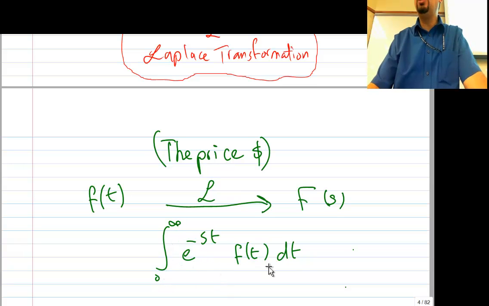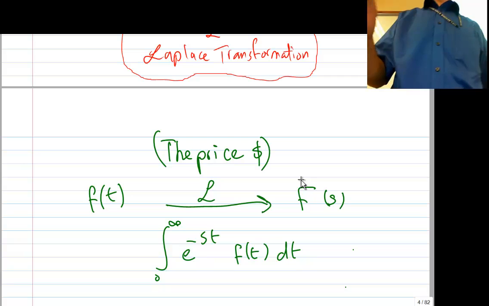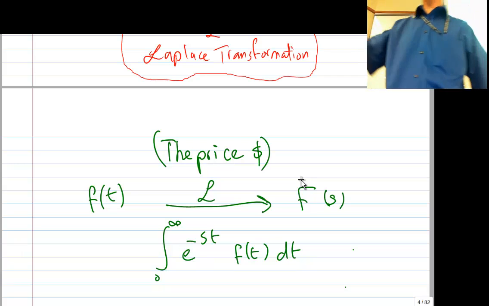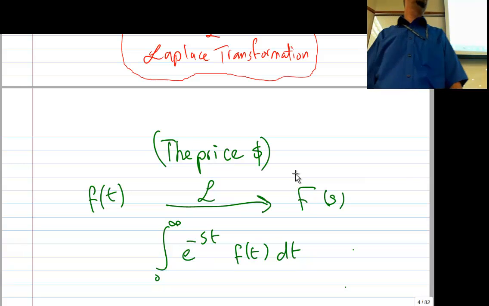So you can guess that after you do that integration, which is on t, all the t will disappear because you're substituting 0 and infinity. And what will be left is just a function of s. So for example, sine omega t will end up being some omegas and some s.